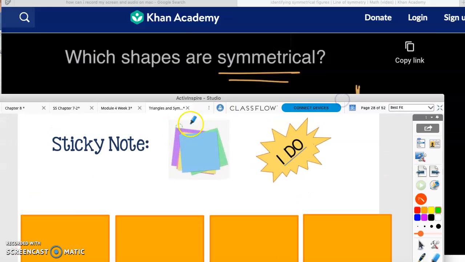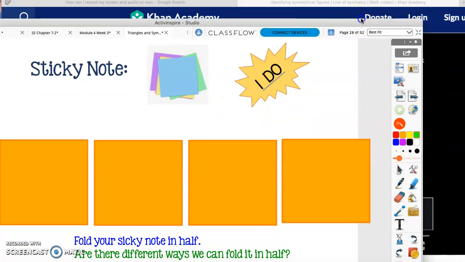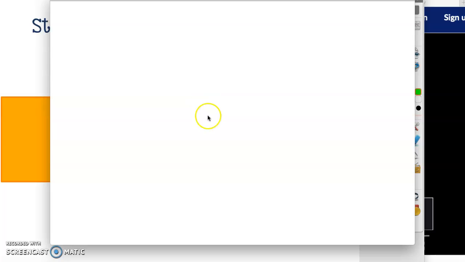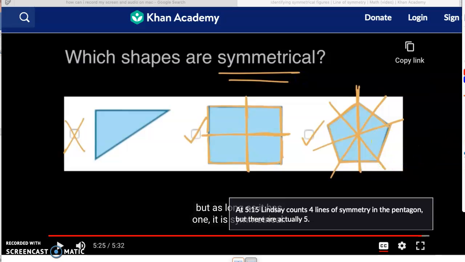So let me just annotate over the desktop real quick so you can see this. Okay, so you could actually go from the top down to the bottom here. And that would be another line of symmetry.